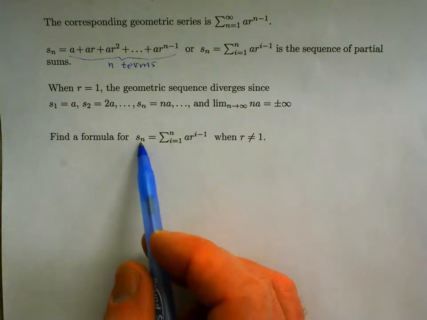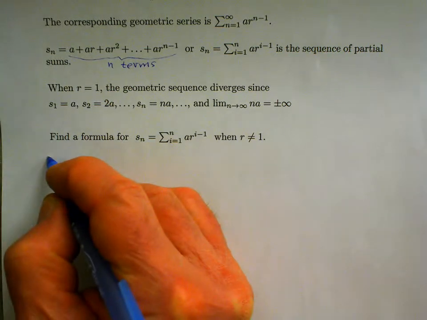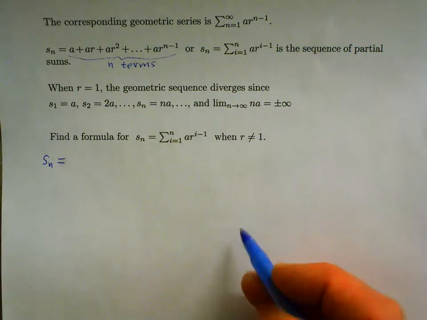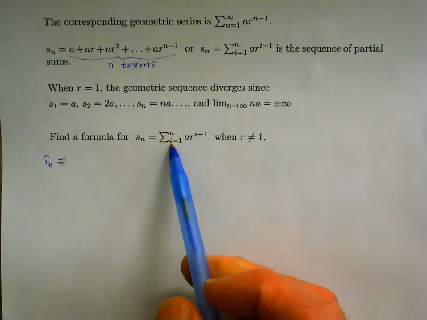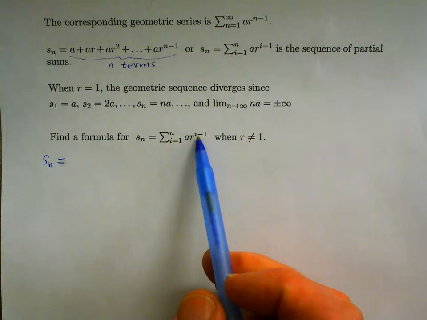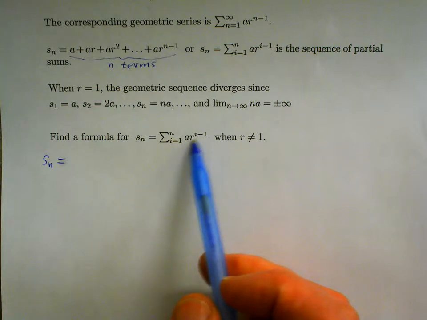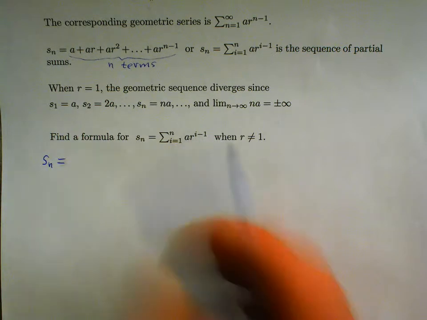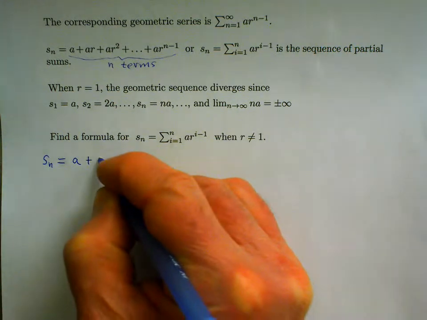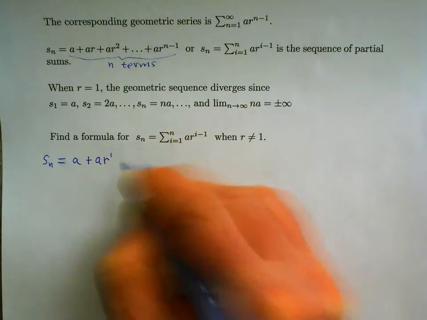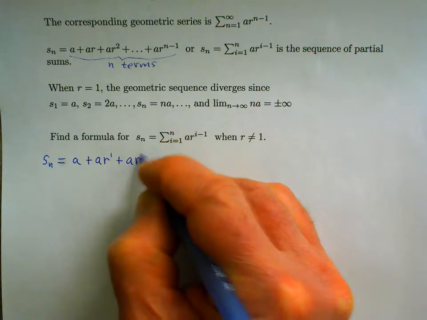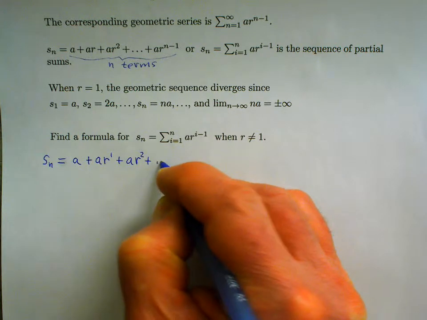Okay, what I'll do is I'll write out what S sub n is. So starting at i equals 1, we have a times r to the 1 minus 1, or a times r to the 0, it's just a. Then we add the next term, it's a times r to the first, and then plus a times r to the second, and so on.